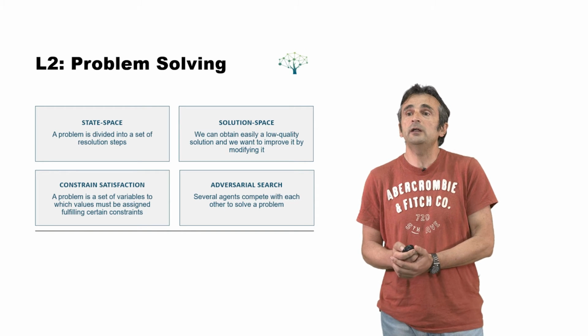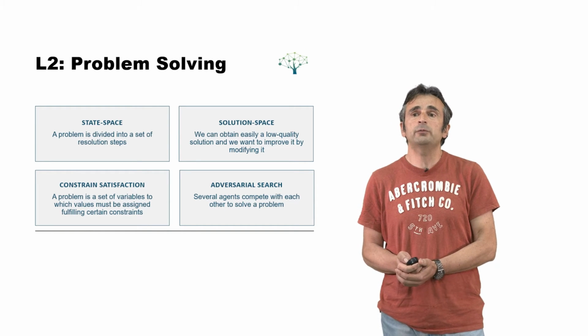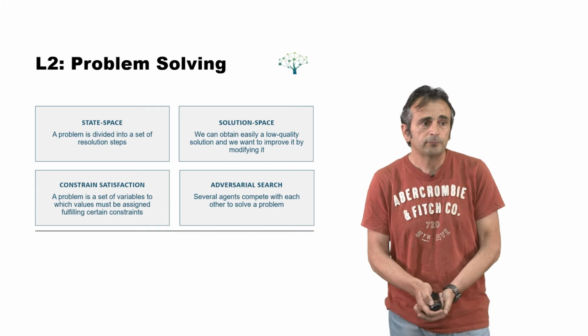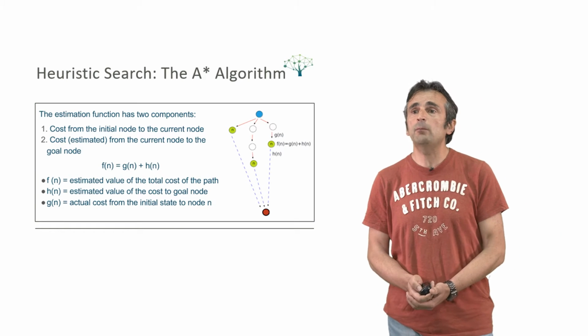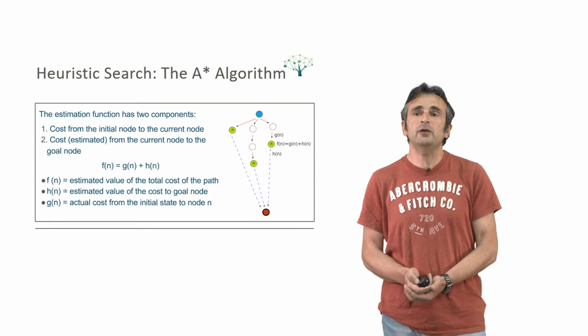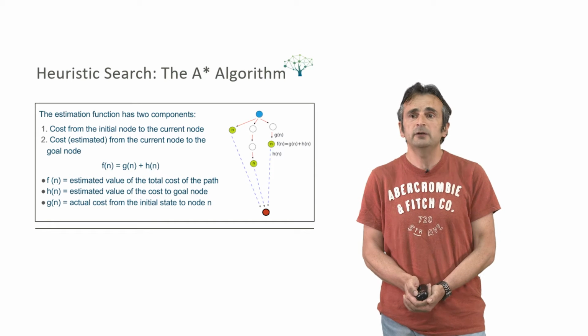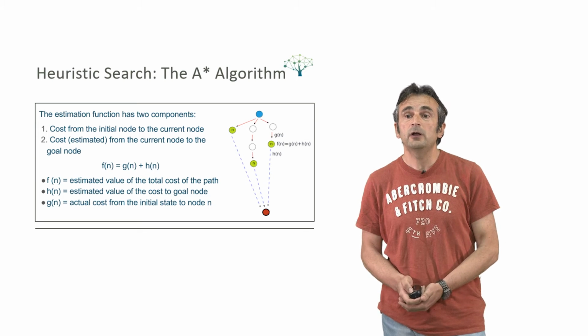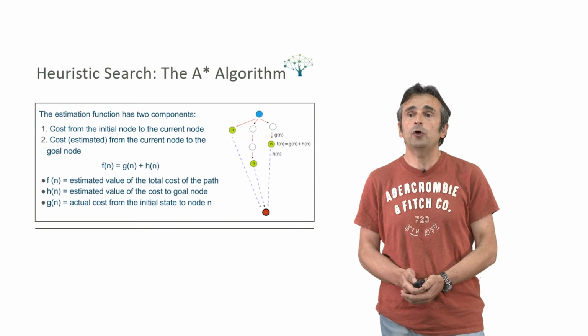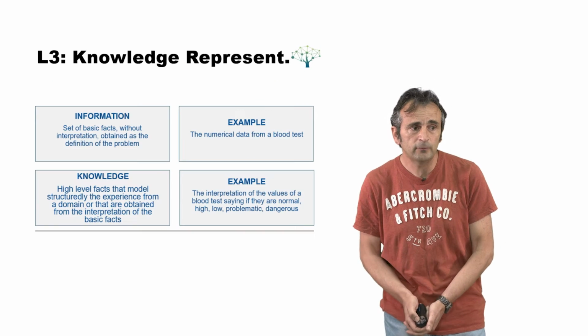Different versions of this idea are state space search or adversarial search. We will review some of the most important algorithms, like A*, that help us navigate efficiently in the graph, searching for the goal state. And we will discuss the pros and cons of these algorithms.